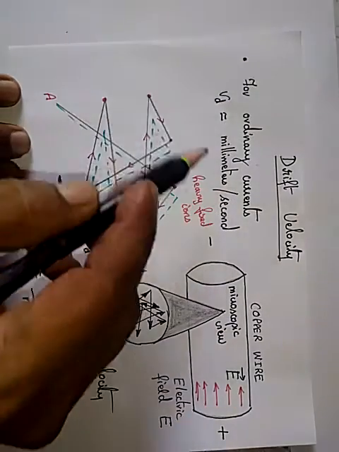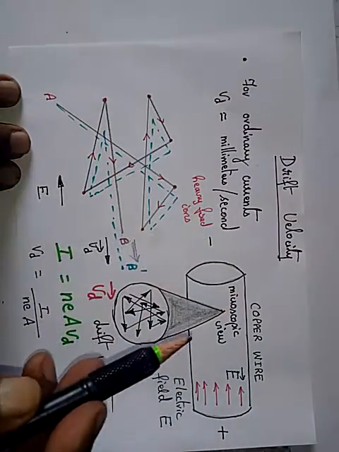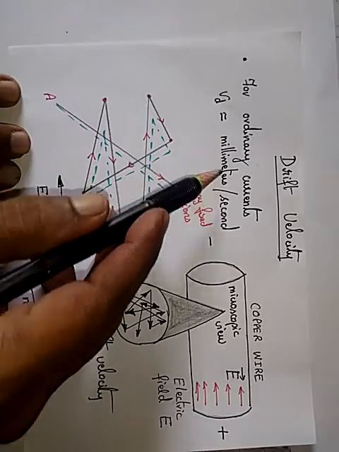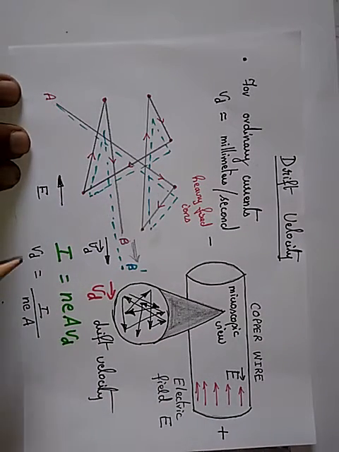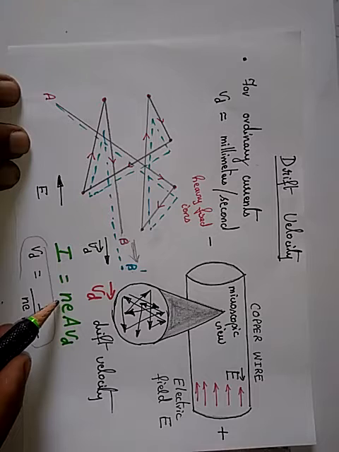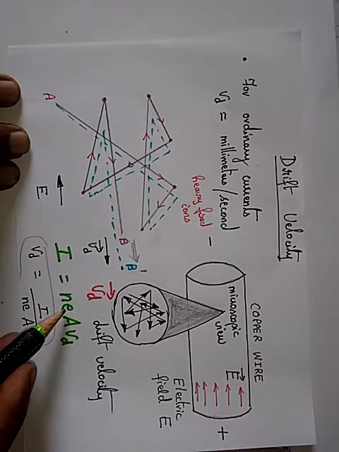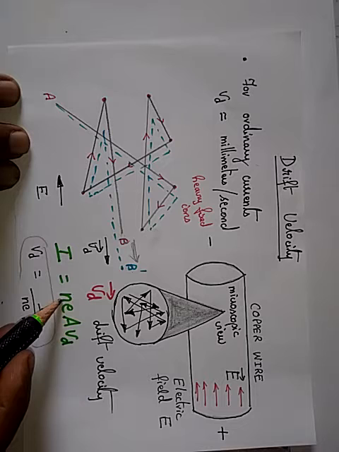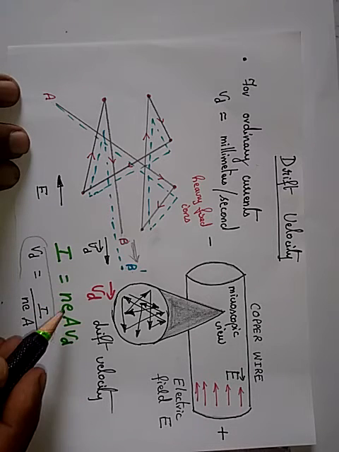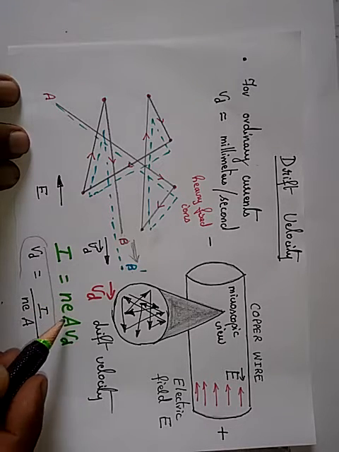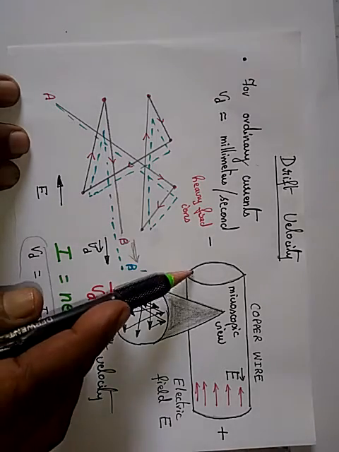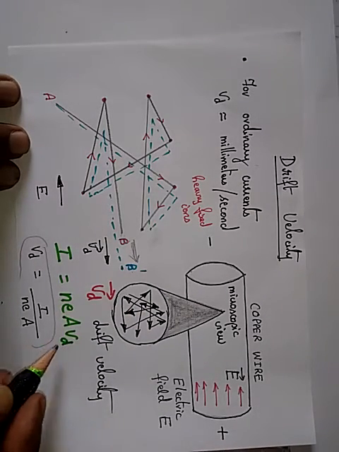So generally for ordinary currents, drift velocity will be approximately in millimeters per second. Now we have to find a formula for the drift velocity. We know that the current through this copper wire is equal to n, the number of electrons per unit volume, times e, the charge of an electron, which is a constant, times A, the area of cross section of the conductor, times the drift velocity.